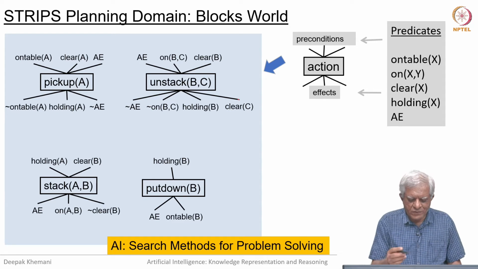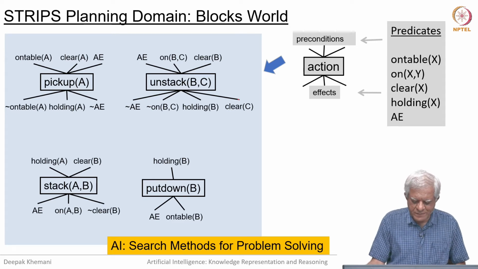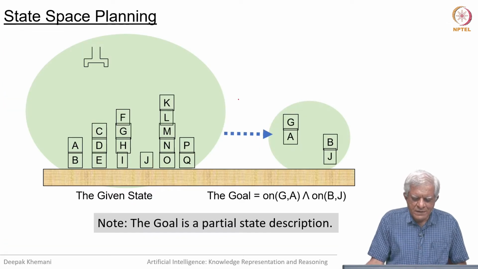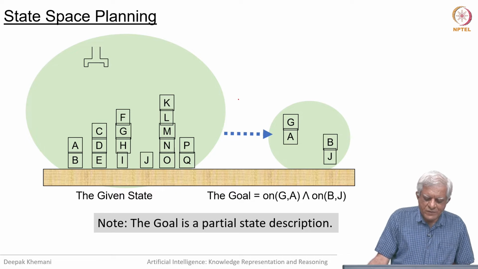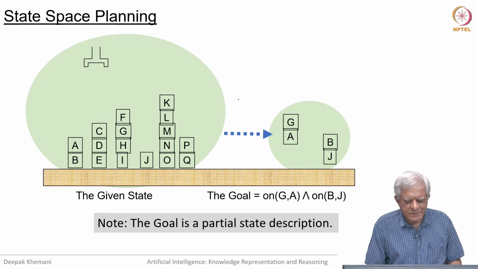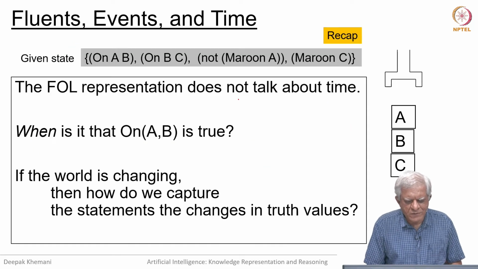Those of you who have done the course on search methods for problem solving would be familiar with this. In state space planning, we move from the given state to the goal state. The given state may be completely described, the goal state may be partially described, and we look at algorithms to do that. Anyway, that is not our goal here.